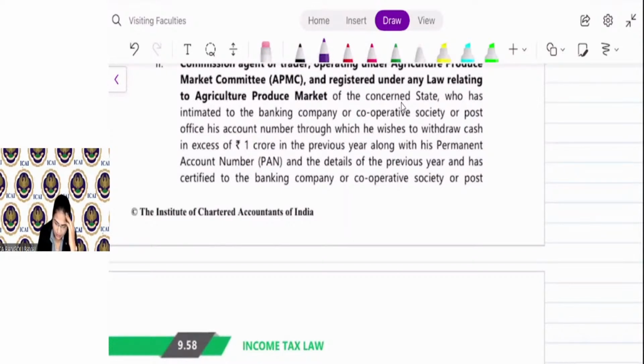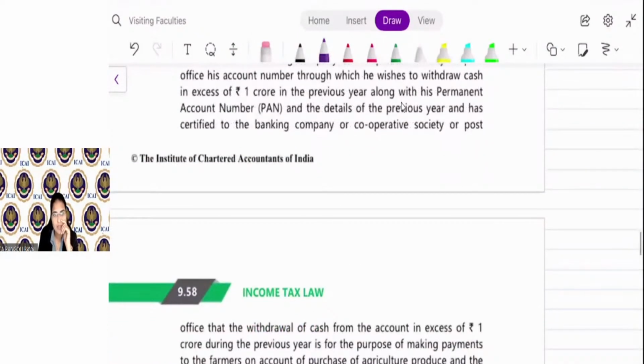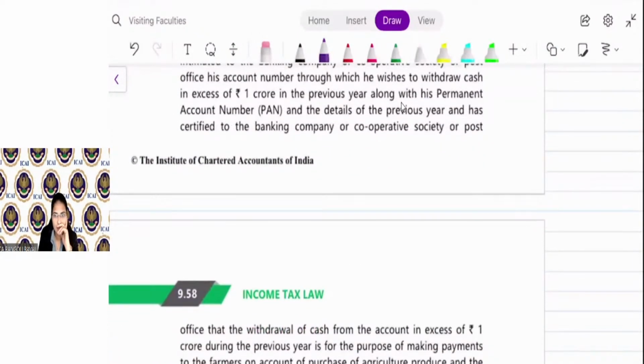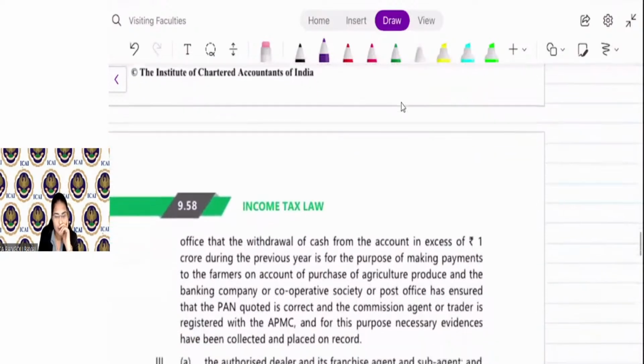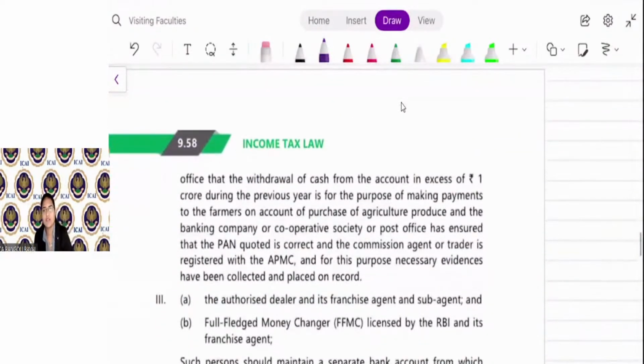Who has intimated to the banking company or cooperative society or post office his account number through which he wished to withdraw cash in excess of 1 crore in previous year along with his PAN and the details of previous year, and has certified to bank or cooperative society or post office that the withdrawal of cash from account in excess of 1 crore during the previous year is for the purpose of making payments to the farmers on account of purchase of agricultural produce.